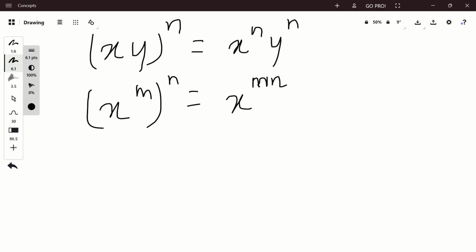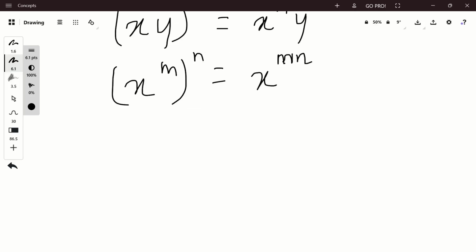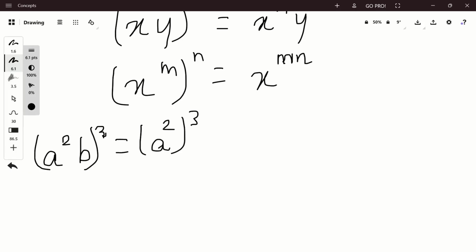For the expression, we now have (a square b) whole cubed, which is equal to a to the power 2 whole cubed, b cubed, which is equal to a to the power 6 b cubed.